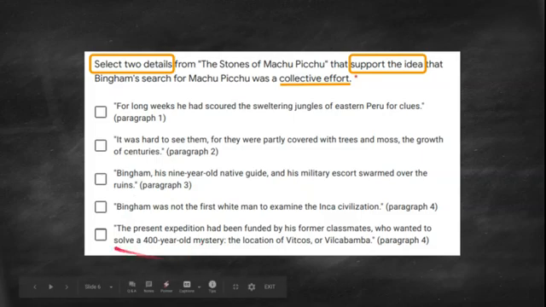And also here, "the present expedition had been funded by his former classmates who wanted to solve a 400-year-old mystery." Again, it was the effort of more than one person. He had to get funding from lots of people. He couldn't afford it on his own. That's why these 2 show a collective effort.